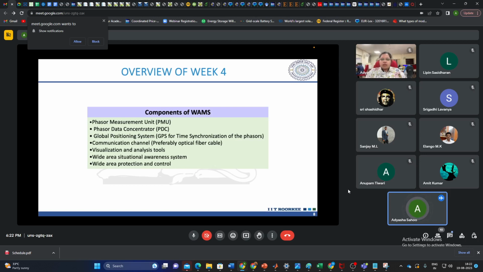Then I think we discussed the components of these ones. Firstly, we started with this PMU, which will sense or collect the data and give it to the phasor data concentrator, that is PDC.